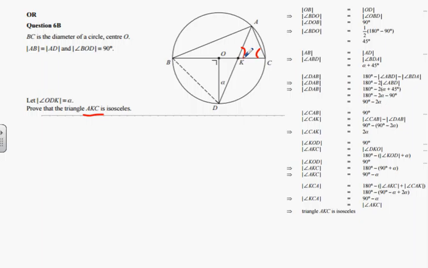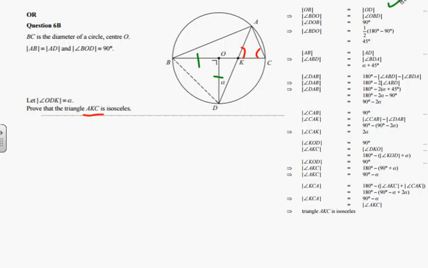Now, here's what we're going to do. OB equals OD. What reason? OB equals OD? Radii. Okay, everybody cool with that? I'll just keep ticking them as I do them.